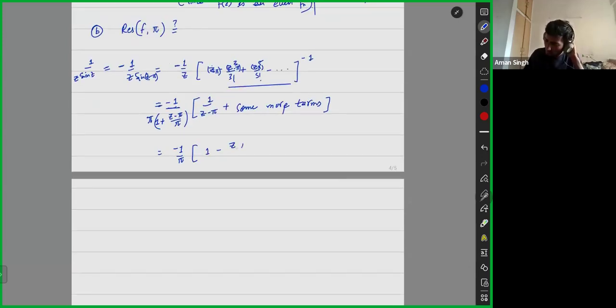Think about this. Okay, let me see if we have... I think we have got it correctly. z minus pi by pi plus z minus pi by pi whole square, and then minus and plus goes away.